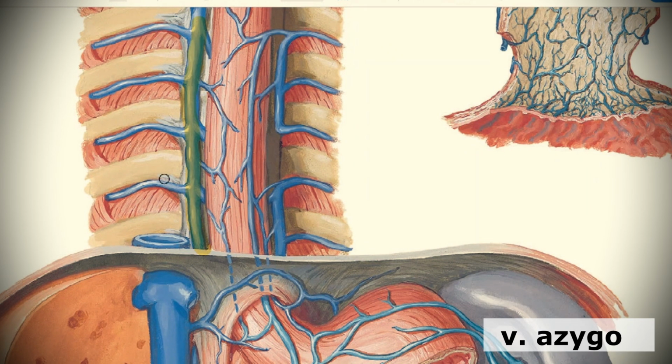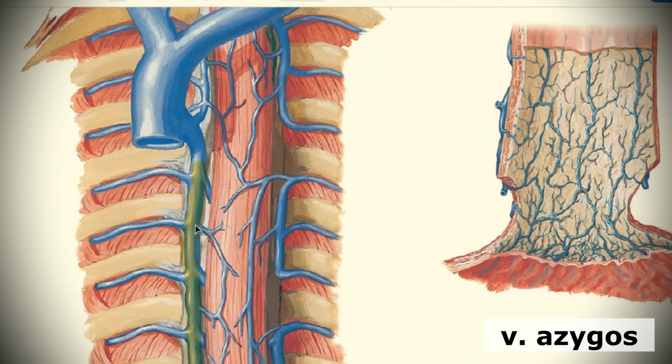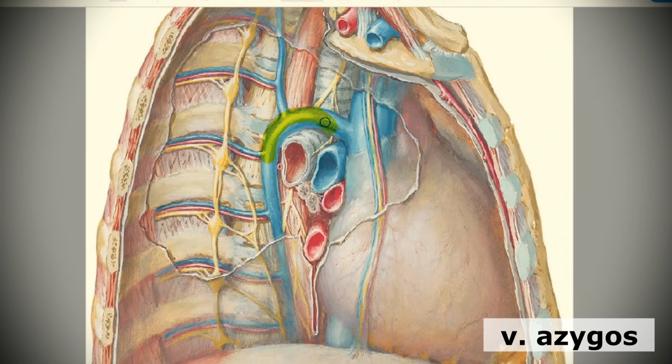It's called the azygos vein. It goes up, as you can see, until the level of the fourth or fifth thoracic vertebra, then declines anteriorly, bends over the root of the right lung, turns around the right principal bronchus, bronchus principalis dexter, and falls into the vena cava superior.